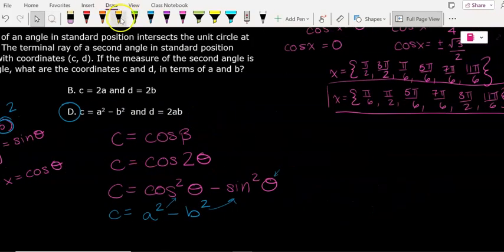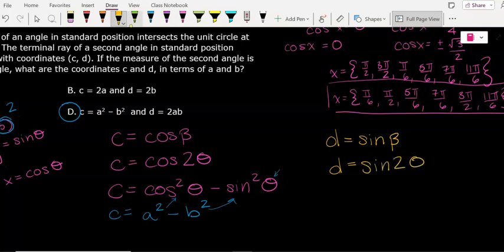So let's do this. If I say I have D, we already said D is equal to the sine of beta, right? Now I'm going to say that it's equal to sine of 2 theta, because it's twice the angle.